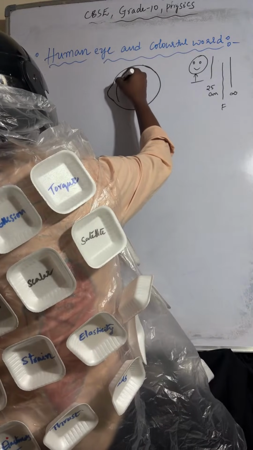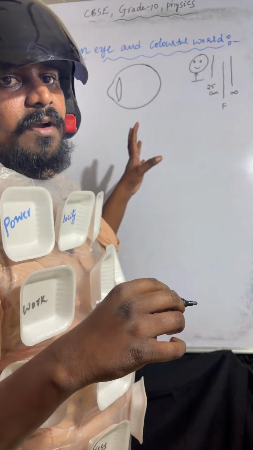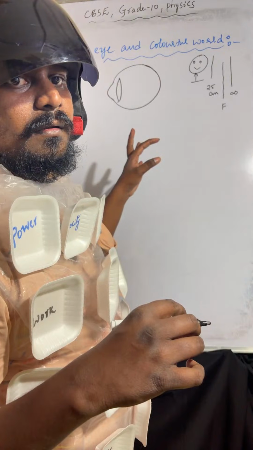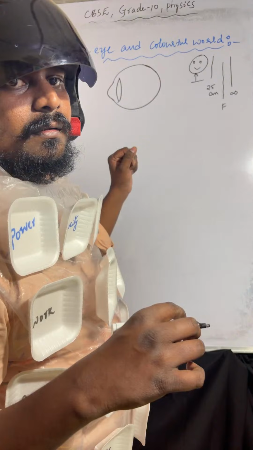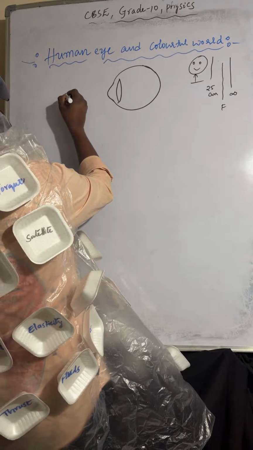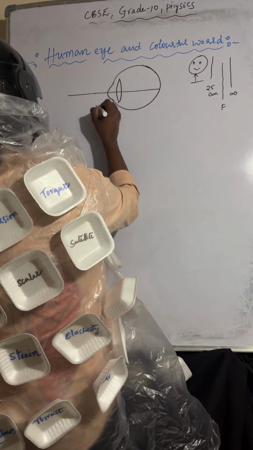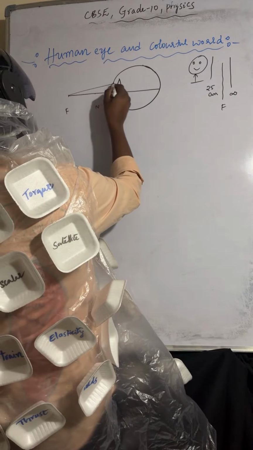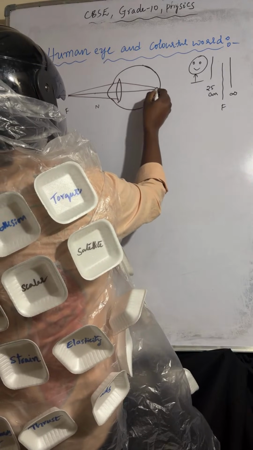So here, light rays are coming from the far point. Here you can see, I am taking this as the near point and this one as the far point. If the light rays are coming from this point, those light rays will meet here.